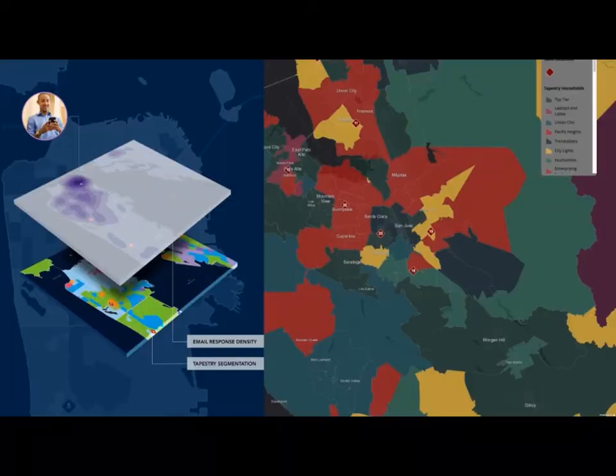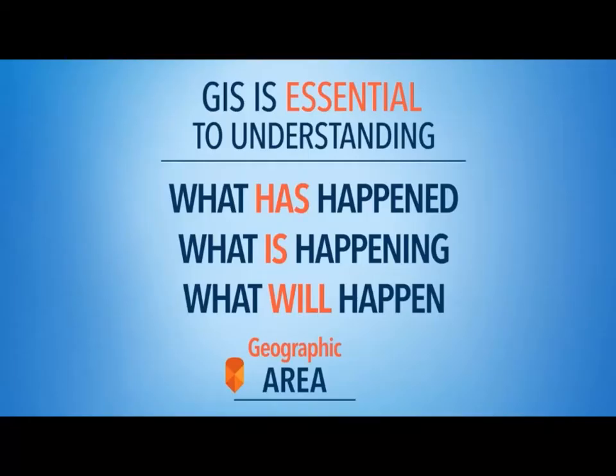Why is GIS so essential? GIS is essential for understanding what has happened, what is happening, and what will happen in a geographic area. What has happened in the past, what is happening in the present, and what will happen in the future.